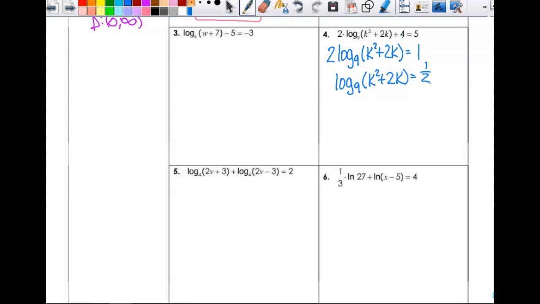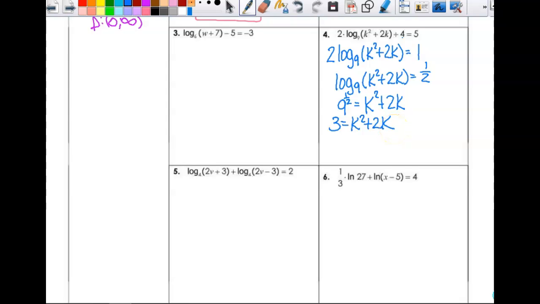Now that my log is isolated, I can rewrite it. So I'm going to take 9 to the 1/2 power and set that equal to k squared plus 2k. What's 9 to the 1/2 power? 3. So I get 3 equals k squared plus 2k.